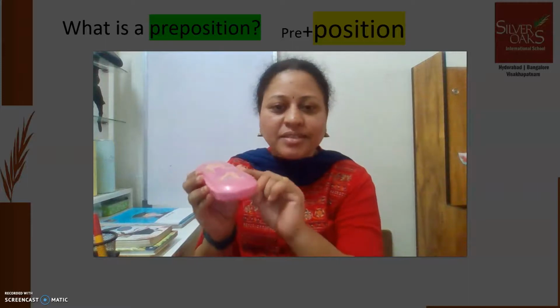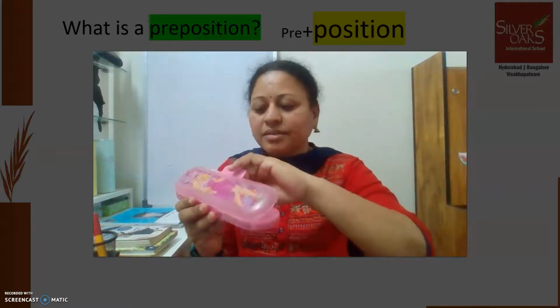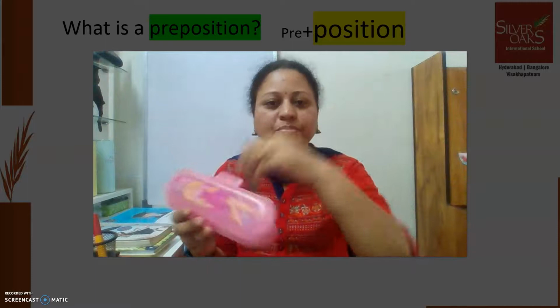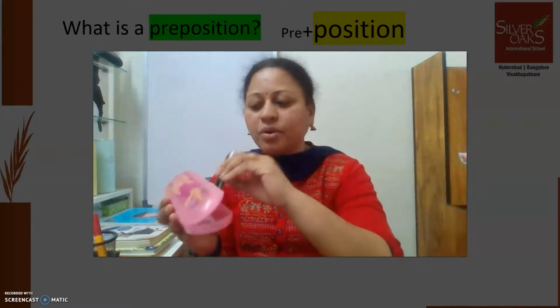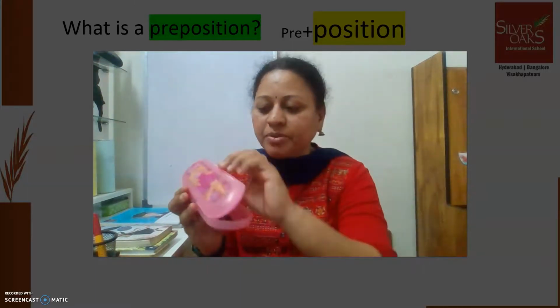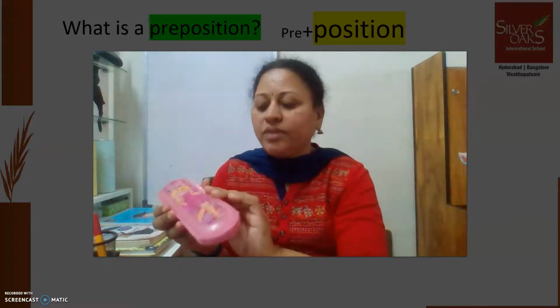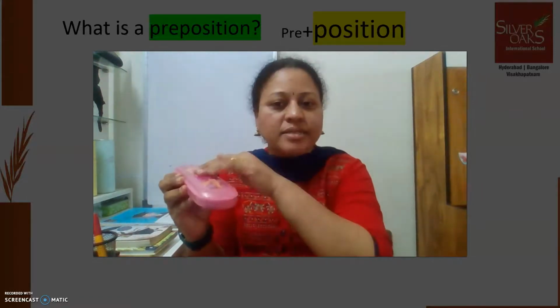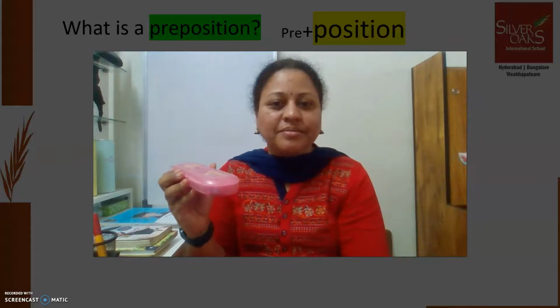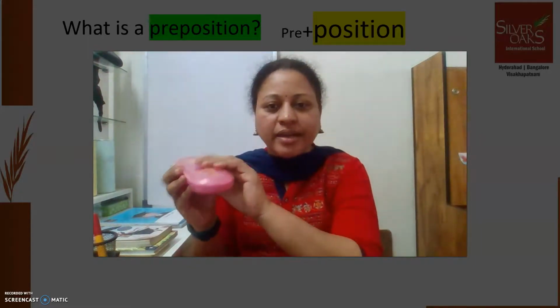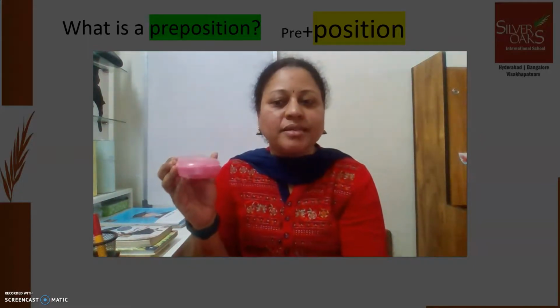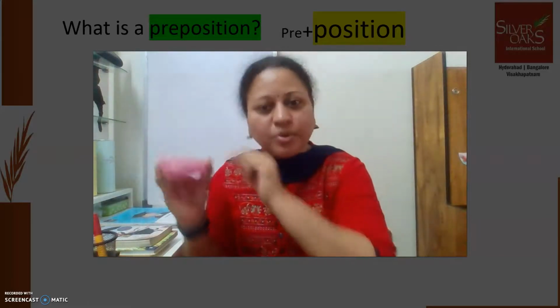What are there inside this box? There are a few pencils inside the box. So you use the preposition inside when there are things totally inside. When the things are totally inside, you will use inside. The pencils are inside the box.